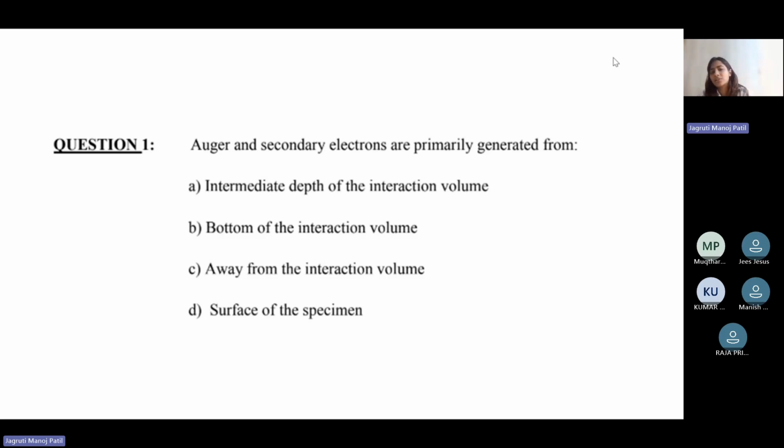Are they in the farther shells? Where are they generated from? If they get knocked off, then where in the system will they be affected? Anyone?